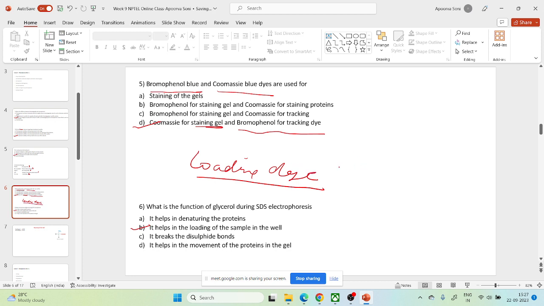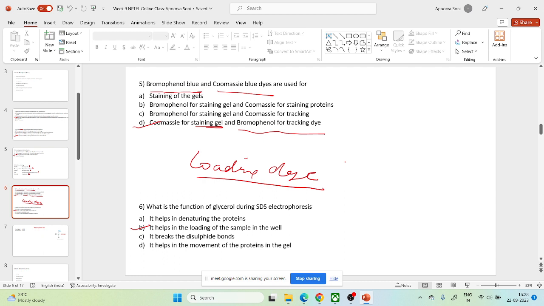In the loading dye, whatever DNA is there, or if your PCR product is there, we take some microliters of the PCR product and some microliters of the loading dye, mix it properly and then add it to the well. If you do not add the loading dye which has glycerol in it, then when you load the sample in the well, it will come out. It will not stay there.